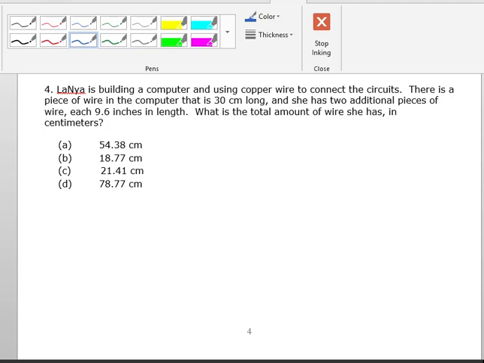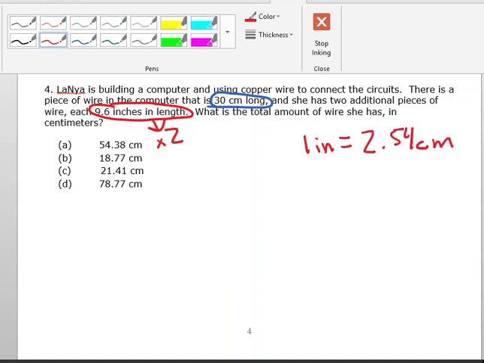All right, cool. So I have 30 centimeters long, and then she has two additional pieces that are each 9.6 inches in length. I'm going to do this because I know that I have to multiply this by 2, okay? And my 1 inch is equal to 2.54 centimeters. So I'm going to use that conversion.